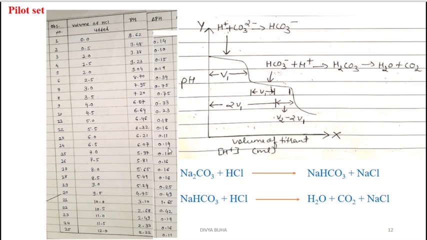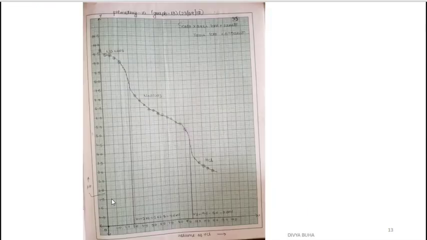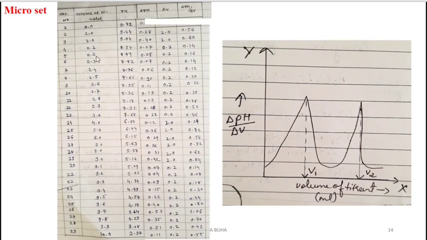Okay, and if we see further, then maximum is obtained at 1.65. Okay, so there is a major difference in the pH between these two. So for this case you will be taking the readings between 9 to 10. Okay, so in the microset you can see that the readings are being taken between 2 to 3 ml as well as 9 to 10 ml.